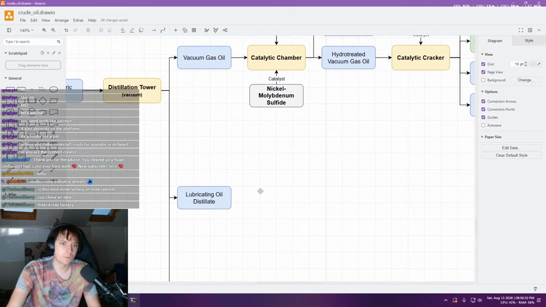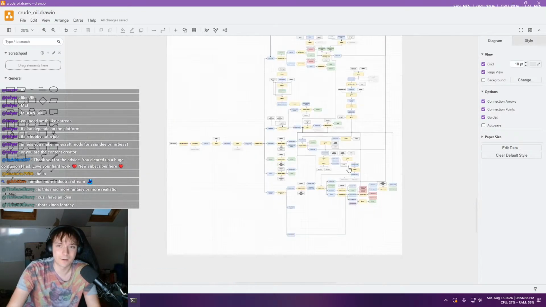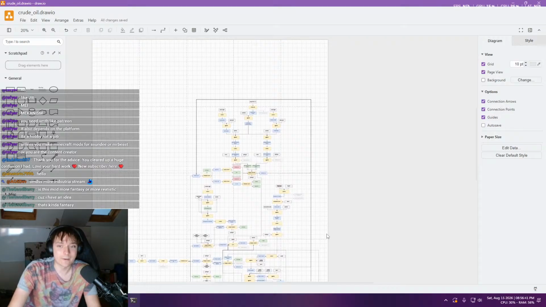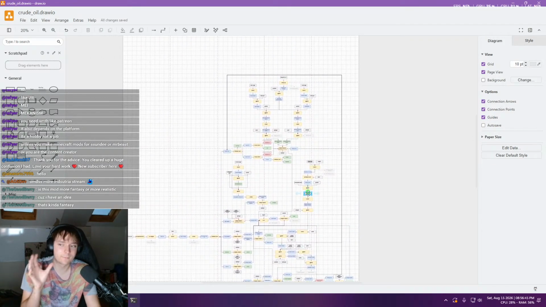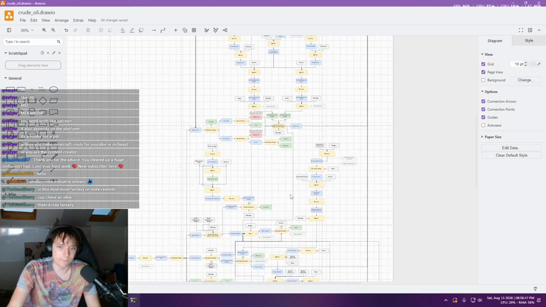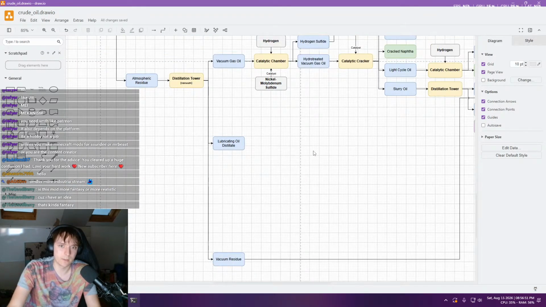Okay. Also, whoever told me, by the way, that Factorio gets a bit laggy when you have bigger diagrams, I agree. I'm starting to experience a little bit of friction on everything. Things are just taking a hot minute when they didn't before.